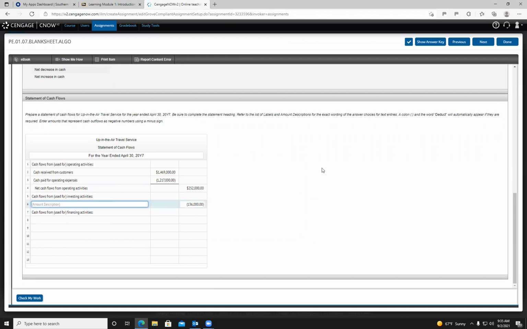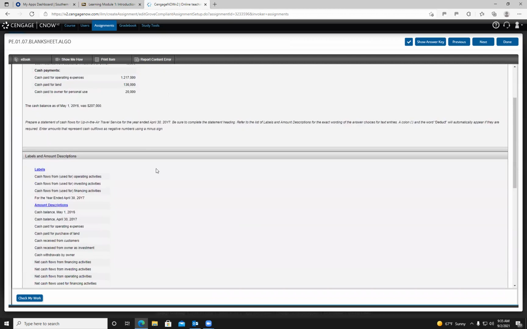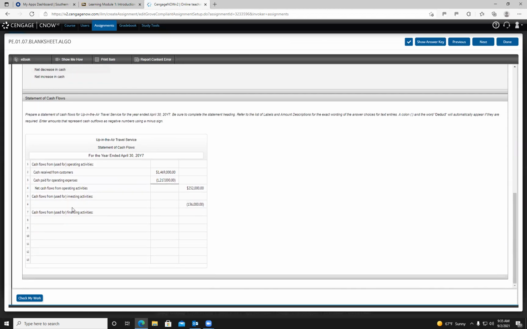Okay, so again, Cengage can be a little picky. It's wanting an account description and not cash paid for land. So we'll go over here in account descriptions, and cash paid for purchase of land is what they want. So let's see if that's going to be the correct account description. Okay, yes, it's no longer in red.